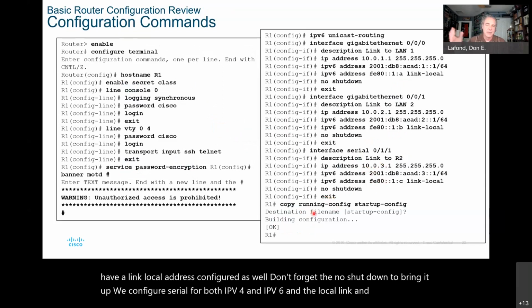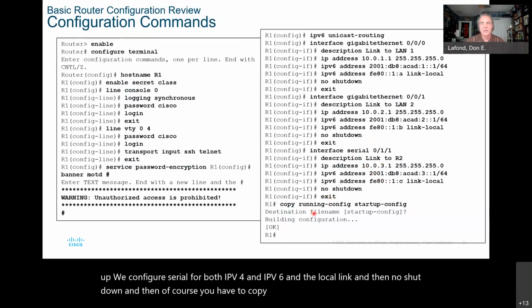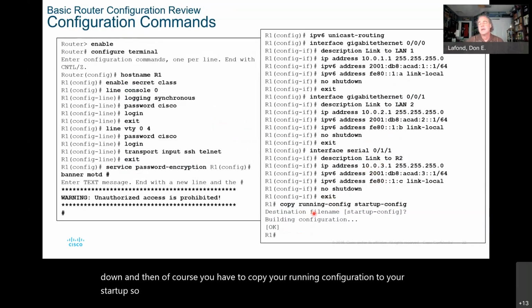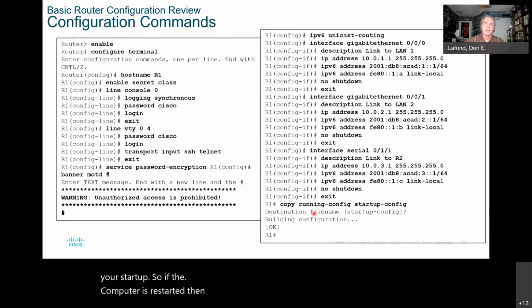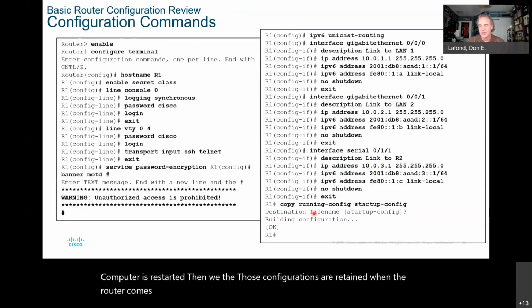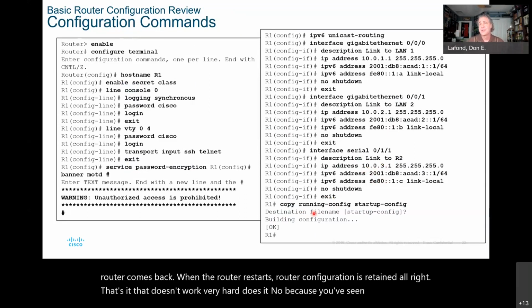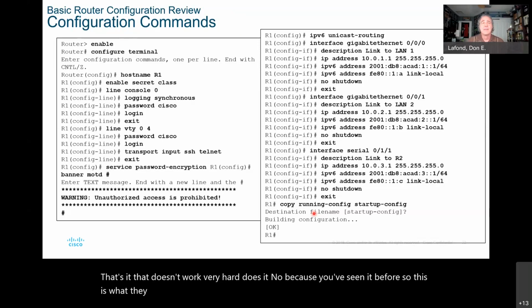And then, of course, you have to copy your running configuration to your startup, so if the router restarts, those configurations are retained when the router comes back. All right, that's it. That doesn't look very hard, does it? No, because you've seen it before. So this is what they consider reviewing router configuration.